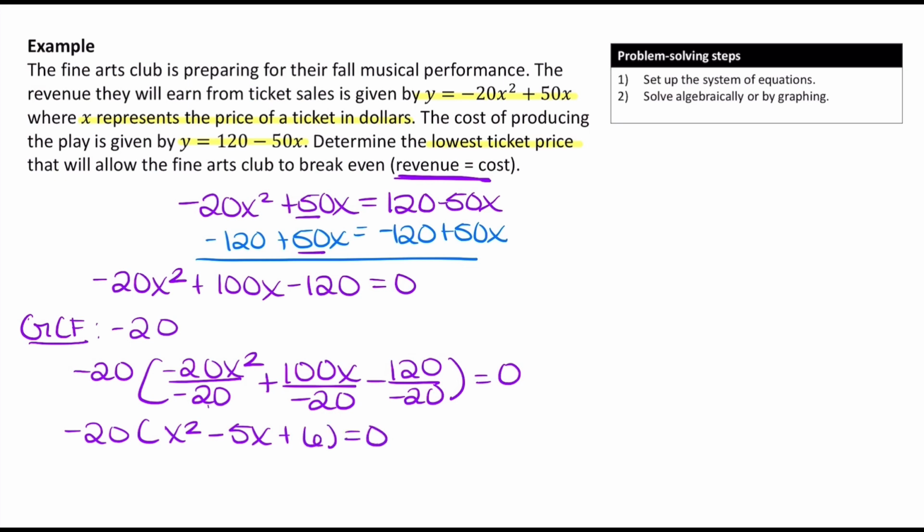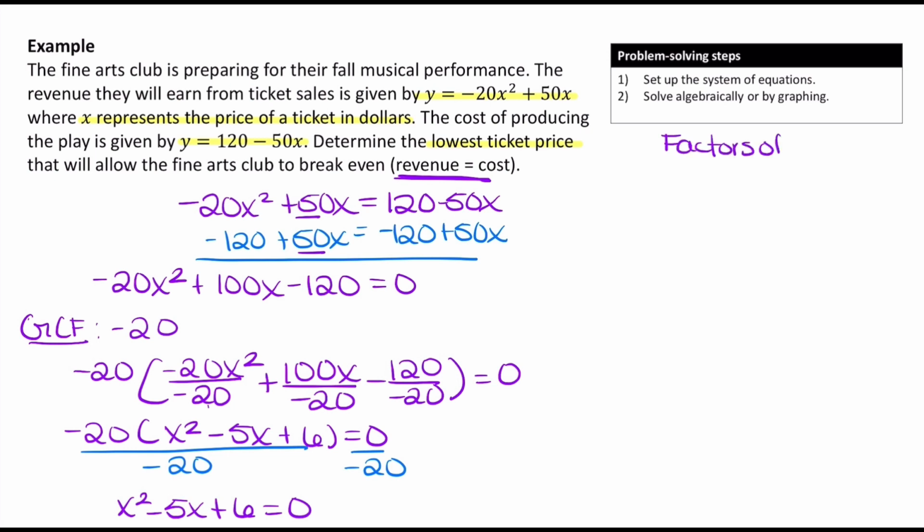So when I do that, I end up getting x squared minus 5x plus 6 equals 0. I'm going to solve this by factoring. I need factors of 6 that are going to add to negative 5.